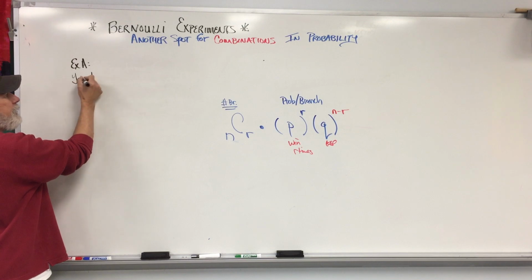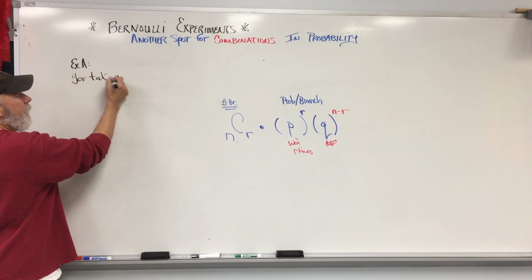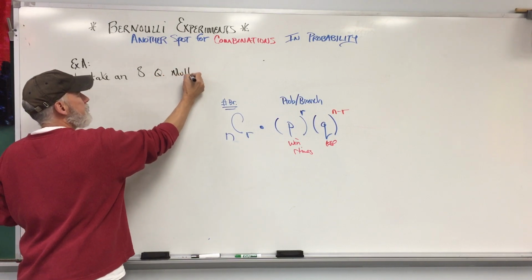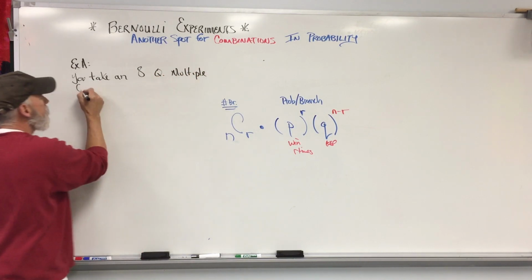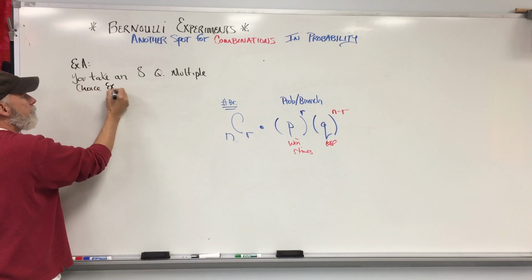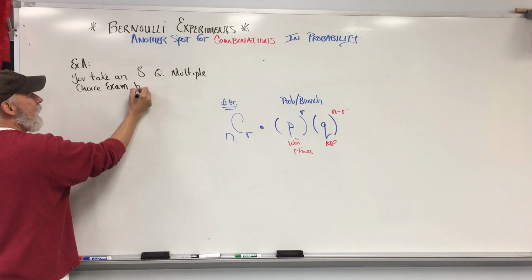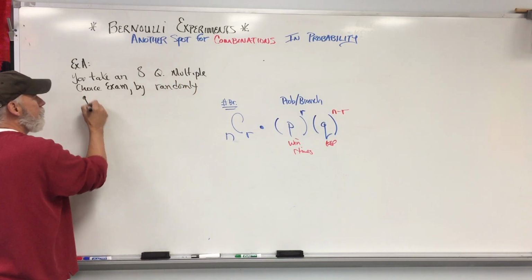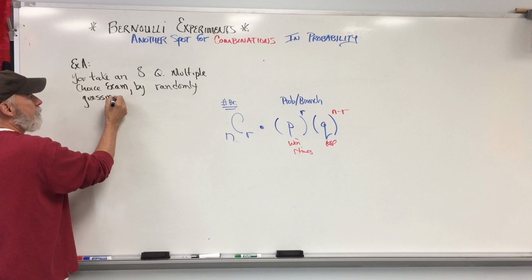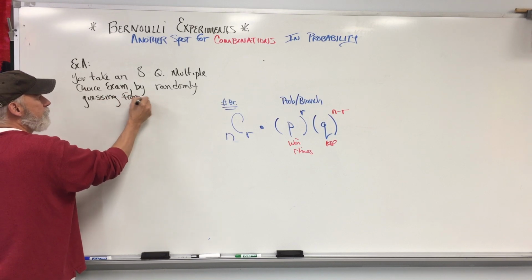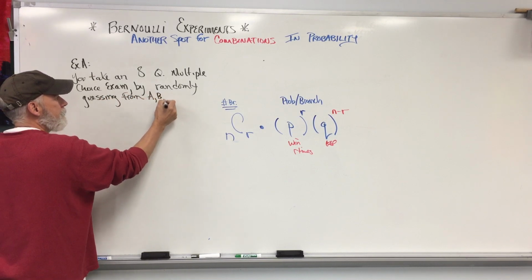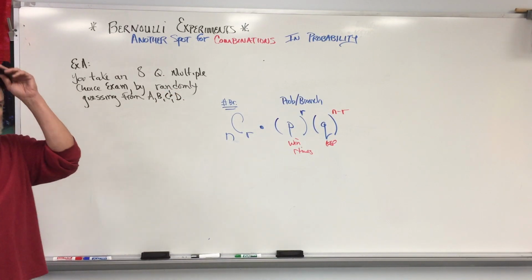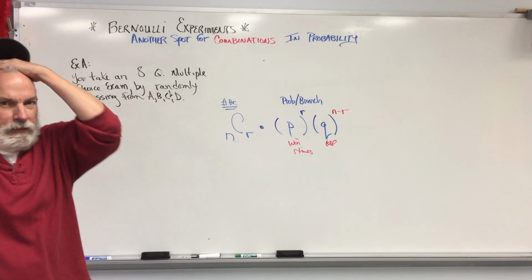You take an 8-question multiple choice exam, by randomly guessing from each question, from A, B, C, and D. In other words, you go and bubble in random letters for each of these 8 questions.